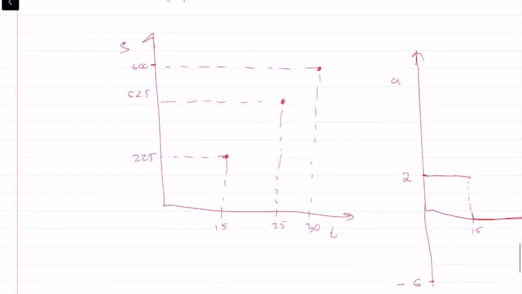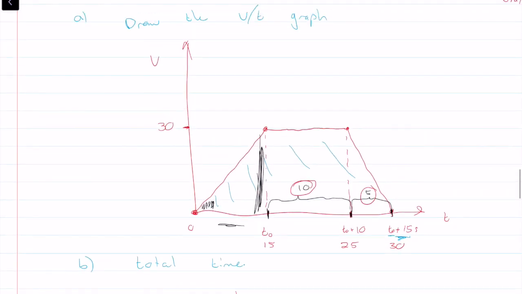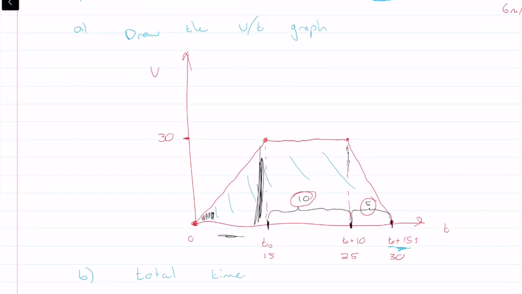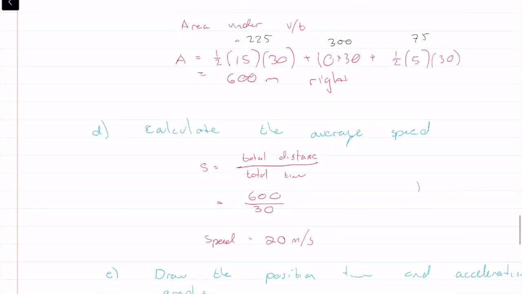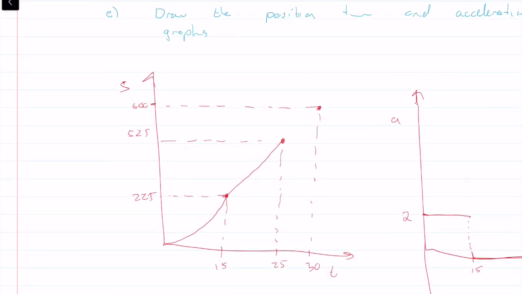Then we have constant velocity, so no acceleration, and then we have a big gradient. Big area means steep, and small area means shallow. So we need to go from a steep gradient to a shallow gradient. And we arrive at our finishing point.